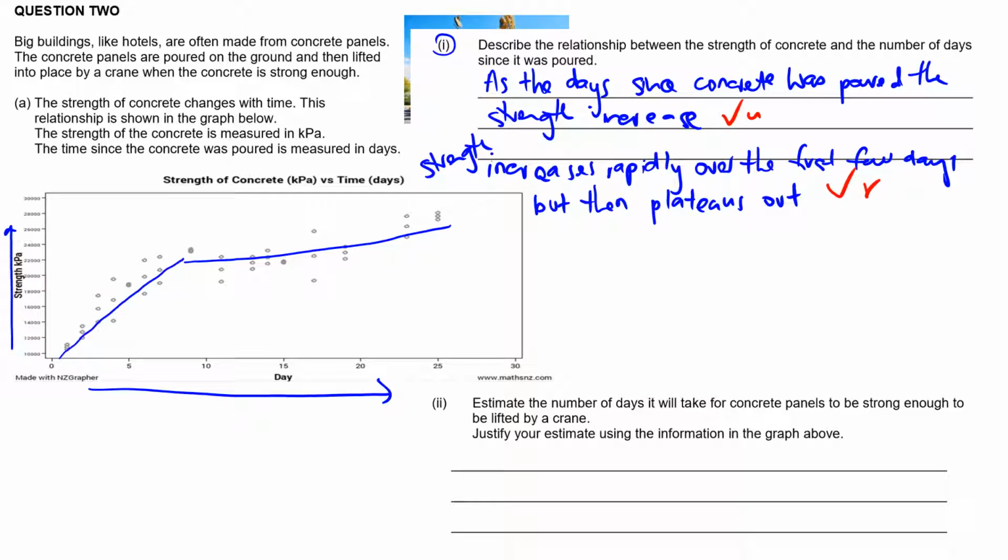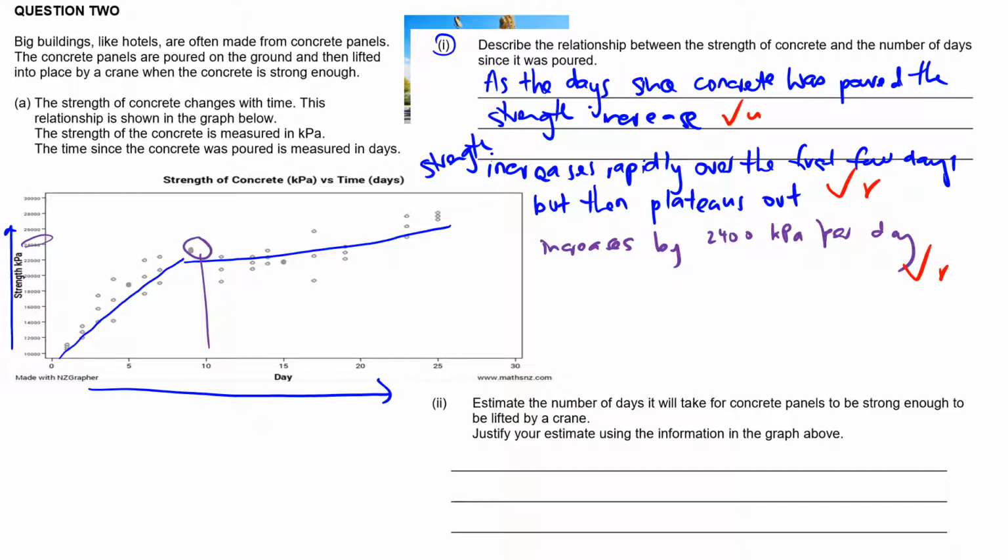If you had then given it in some sort of numbers, well, increases by, let's go with nice round figures, 24,000 in 10 days, by 2,400 kilopascals per day. That was your excellence tick there.